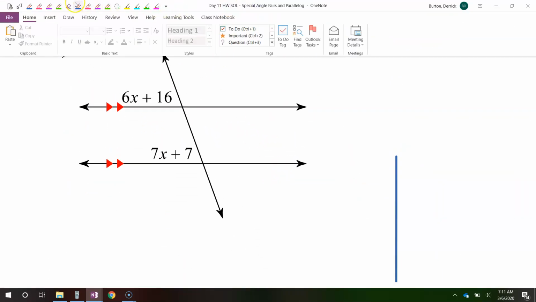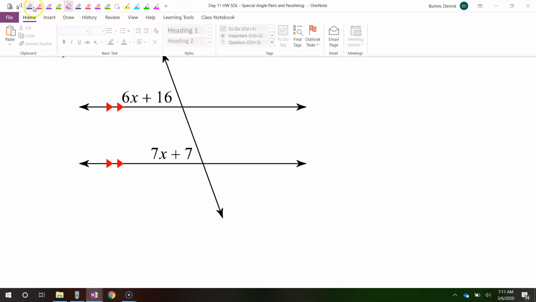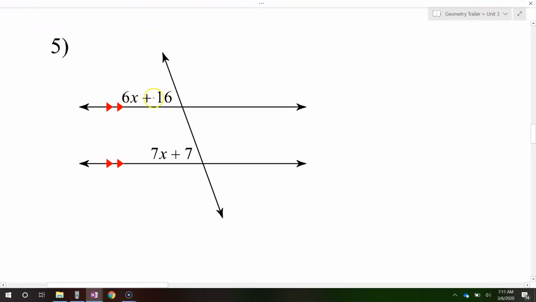These are corresponding angles. That's what you call this angle pair. And when the lines are parallel, these should be congruent. So I can just say that 7x plus 7 should equal 6x plus 16.